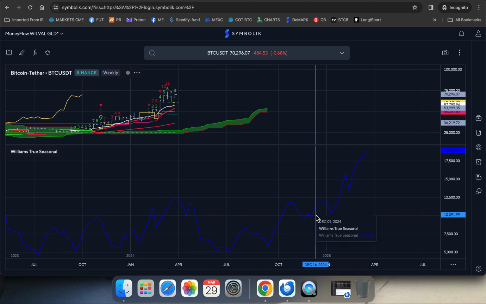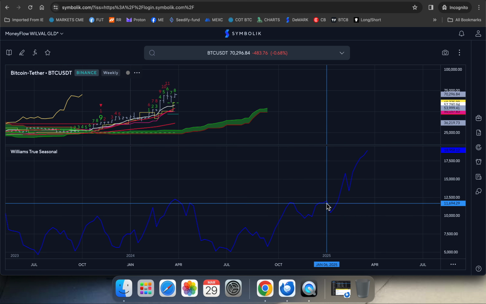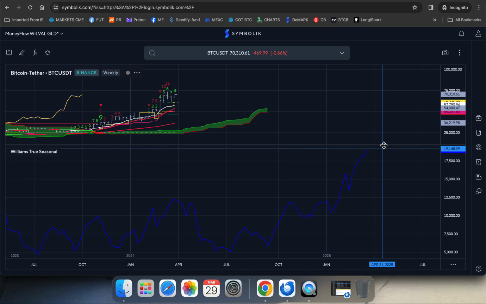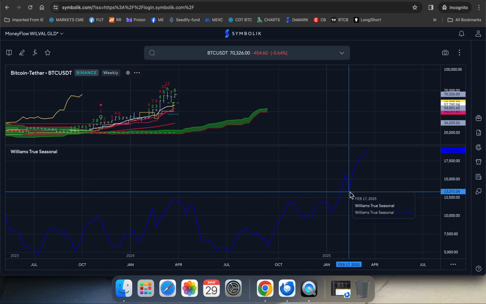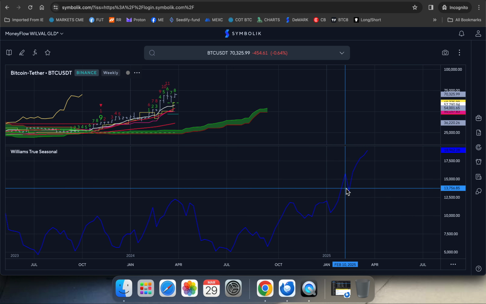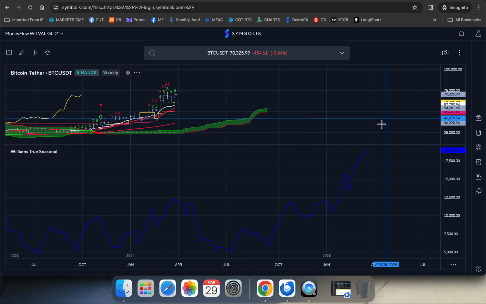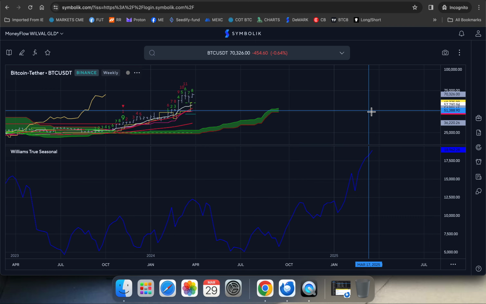You get a little zigzag right here, a little sell-off early January, and then another rocket to the upside, looks like. Small correction in February, and then goes back up usually. So that's the crystal ball in a nutshell.